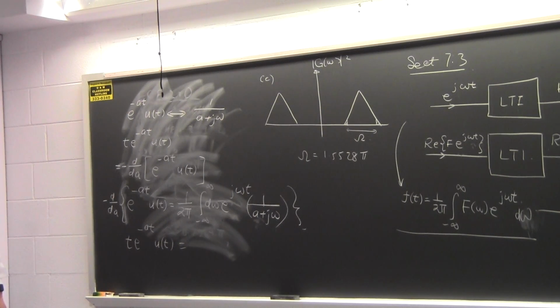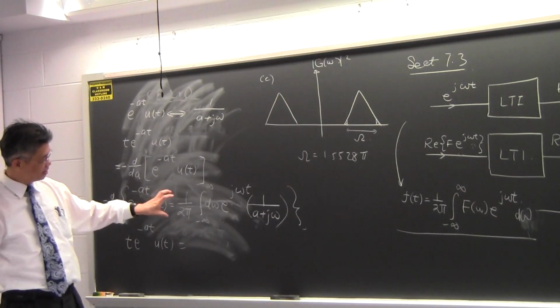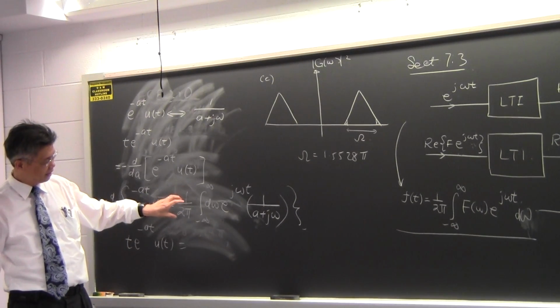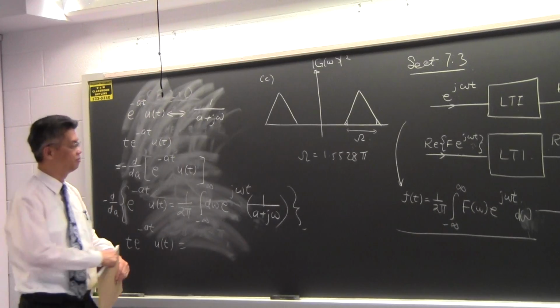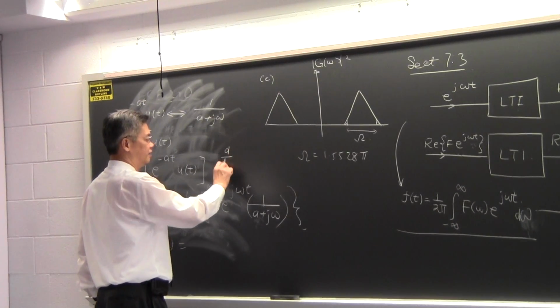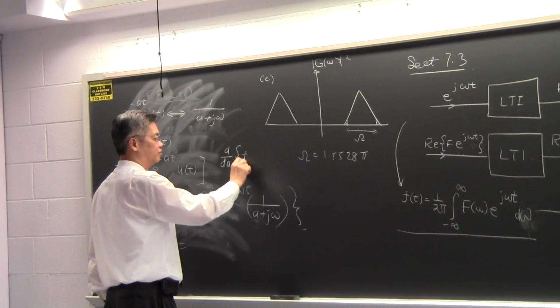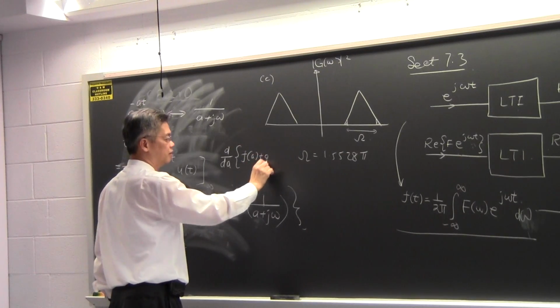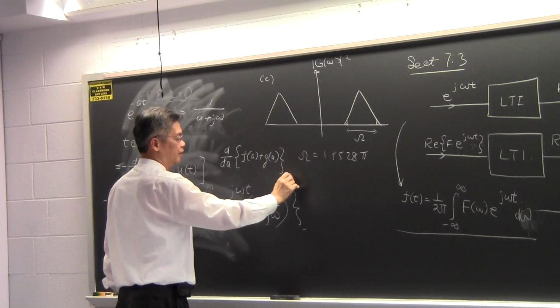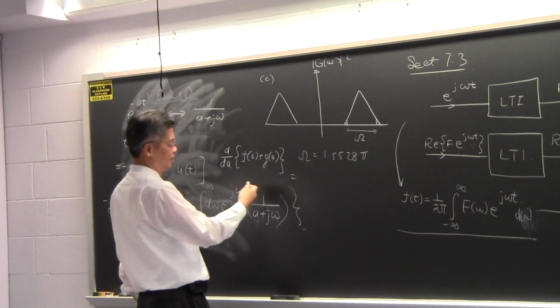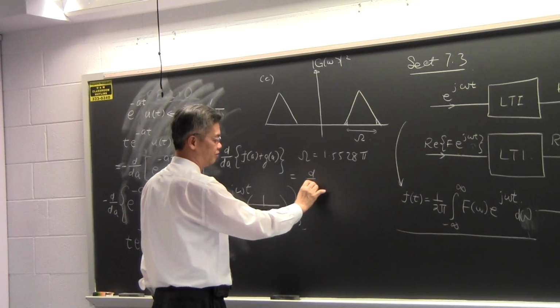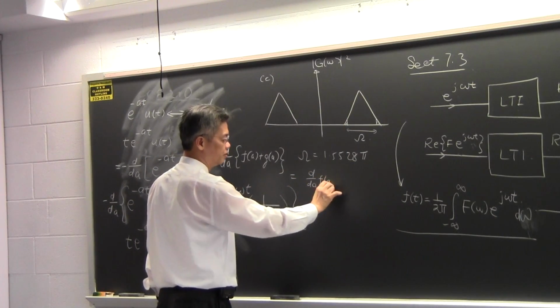What is that? Right, I can. Derivative is a linear operation. So essentially the derivative of two functions is the sum of the derivatives of the individual terms.